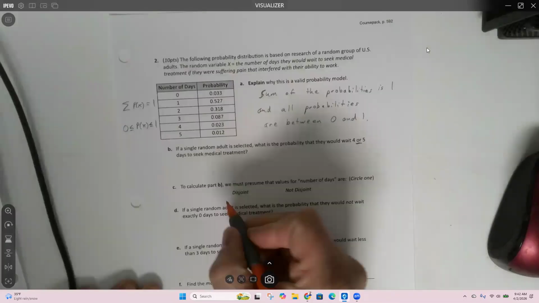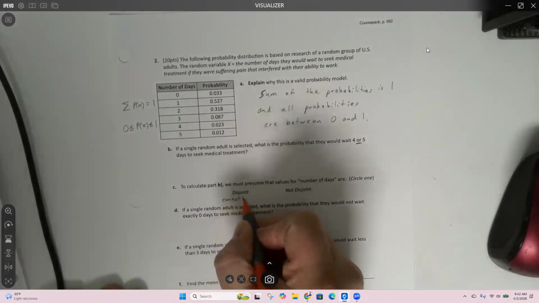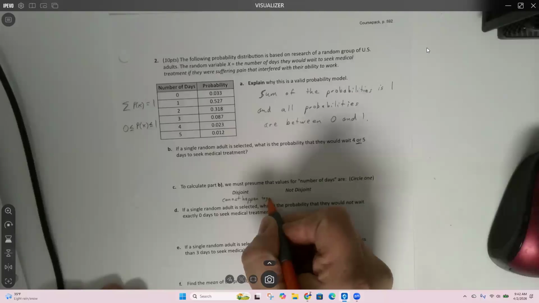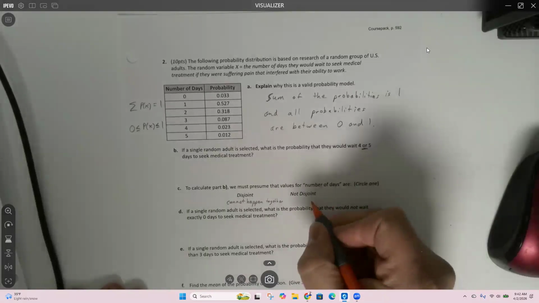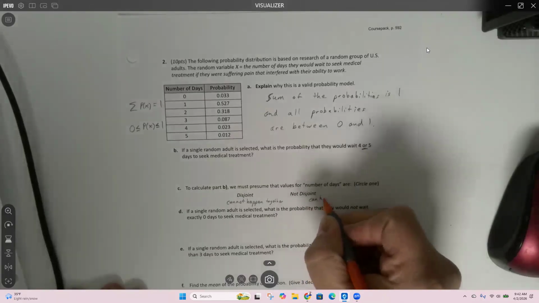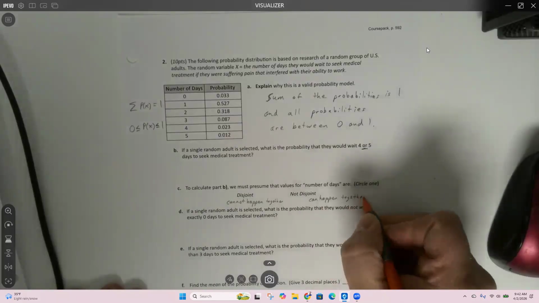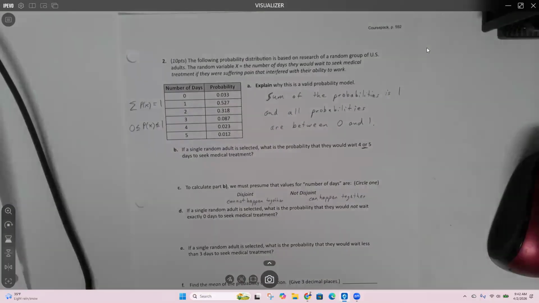So disjoint, you'll remember, means cannot happen together. And not disjoint means can happen together. By together, I mean at the same time.